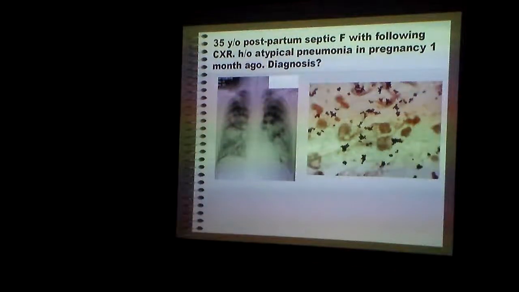Staphylococcus. Okay, Staph aureus. Could be methicillin positive, negative. So what do you think caused that? What is that atypical pneumonia if you think this is a Staph aureus pneumonia after an atypical pneumonia?